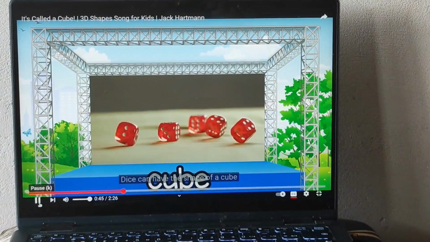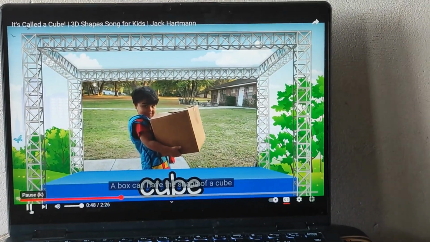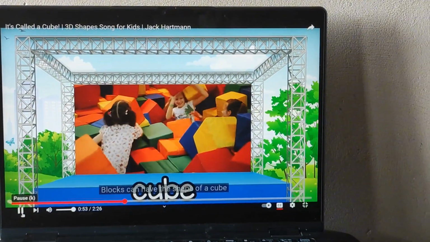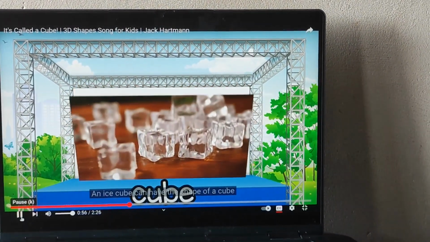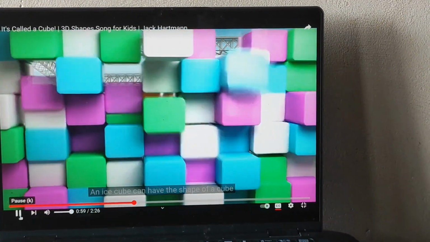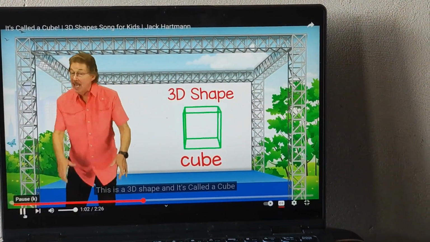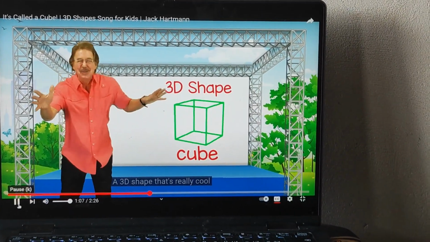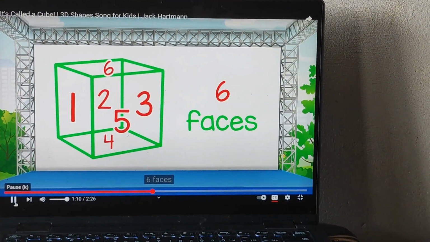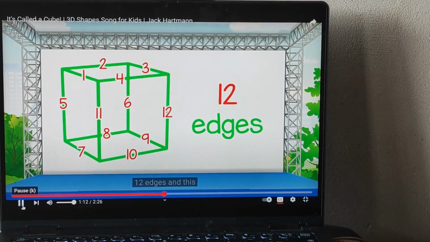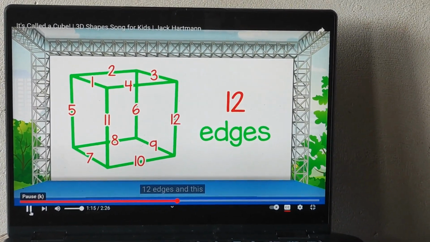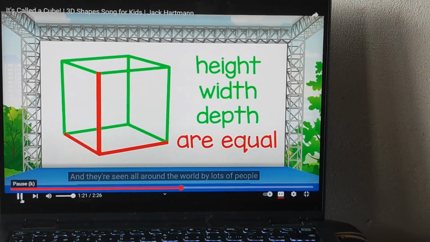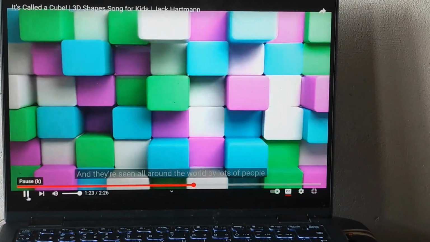Can have the shape of a cube. A box can have the shape of a cube. Blocks can have the shape of a cube. An ice cube can have the shape of a cube. This is a 3D shape and it's called a cube. A 3D shape that's really cool. 6 faces, 8 vertices, 12 edges, and this, its height, width, and depth are equal, and they're seen all around the world by lots of people.